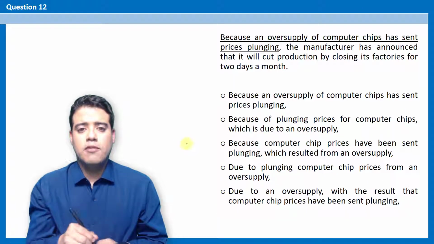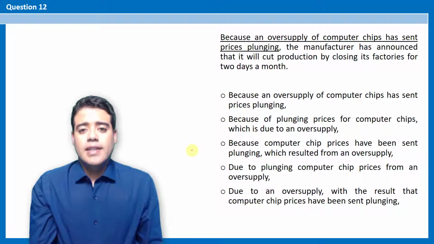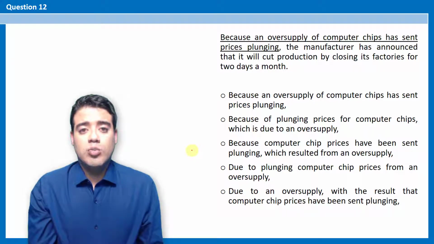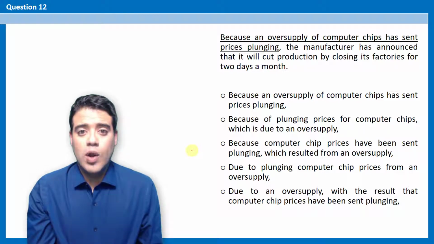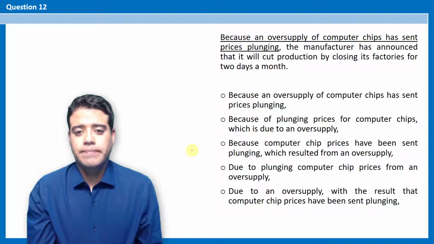Let's move on to number 12. Because versus due to. This topic has to do with subordinators and modifiers. What I need you to know is that because will always describe the main verb of the sentence, whereas due to describes the subject of the sentence.